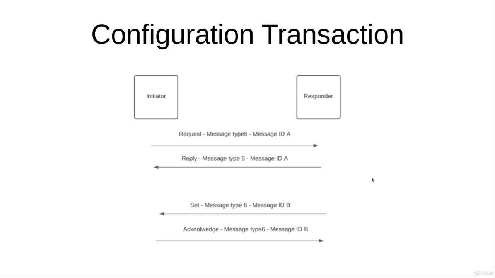The set and acknowledge response replies work on the push principle. This allows a configuration manager to start the configuration transaction. The configuration manager sends attributes that it wants the peer to alter. The acknowledge response returns 0 if the set request was accepted.